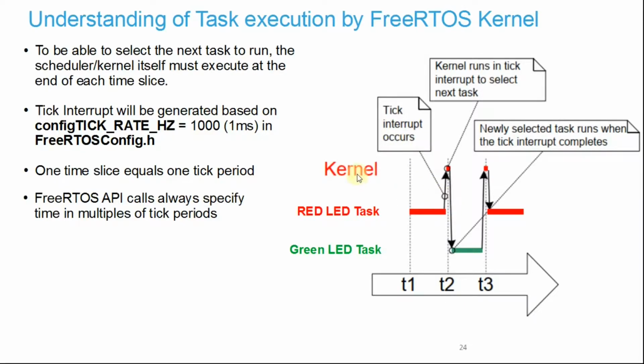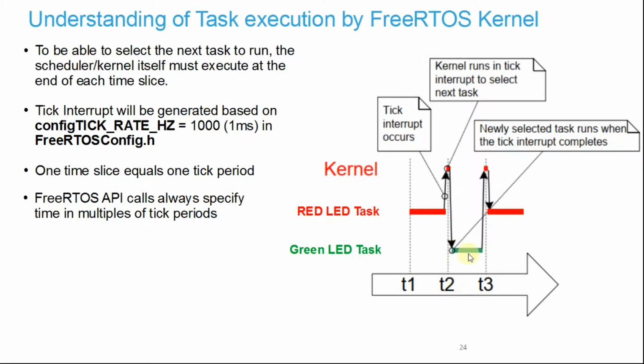Once the kernel tick interrupt occurs, the kernel runs to select the next task. We have already explained that in the previous tutorials. The kernel or scheduler is responsible for switching from one task to another task. Once the kernel tick interrupt occurs, the scheduler will change the execution from the red LED task to the green LED task.